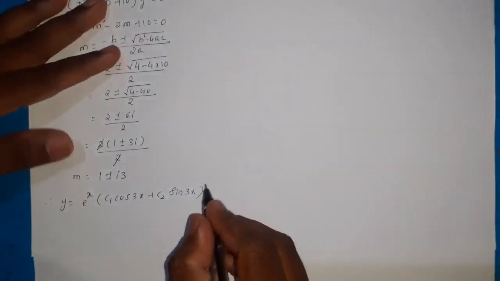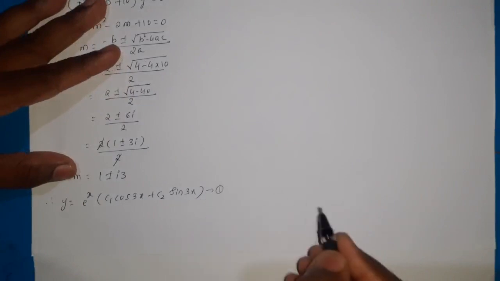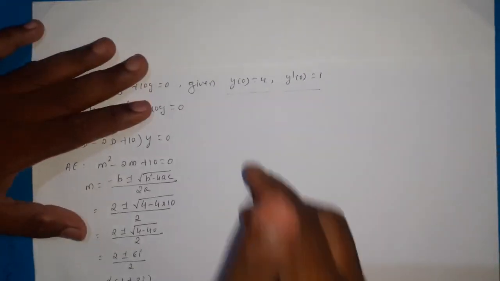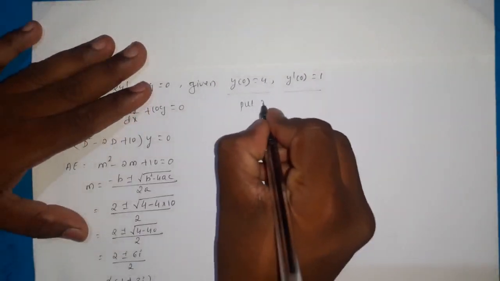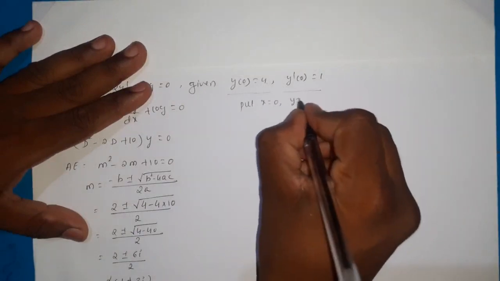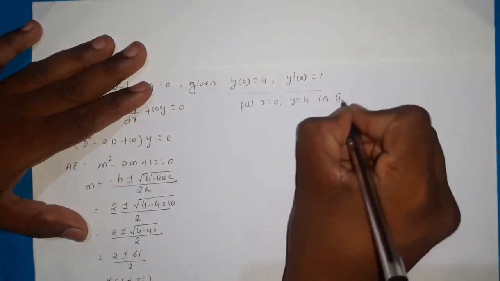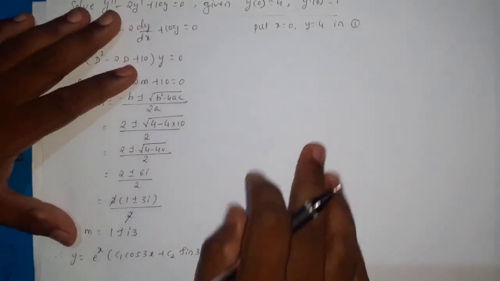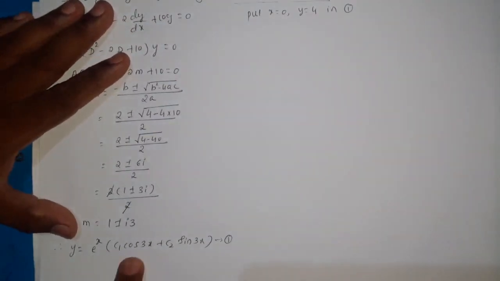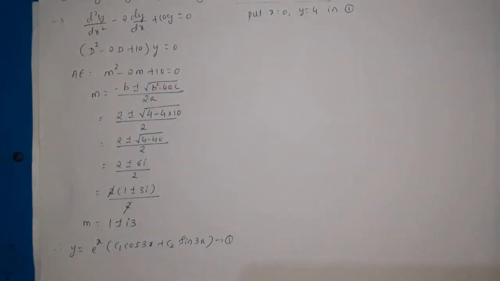Now let us consider this as equation 1. Now put x equal to 0 and y equal to 4 in equation 1. In this equation we need to substitute x equal to 0 and y equal to 4.